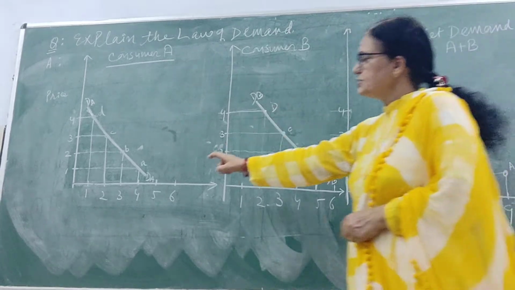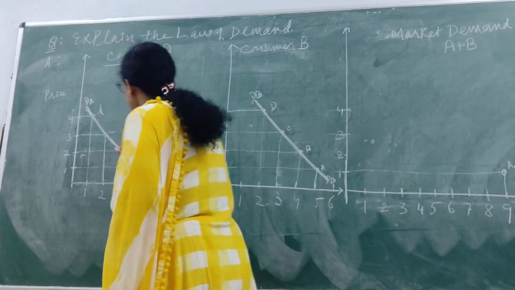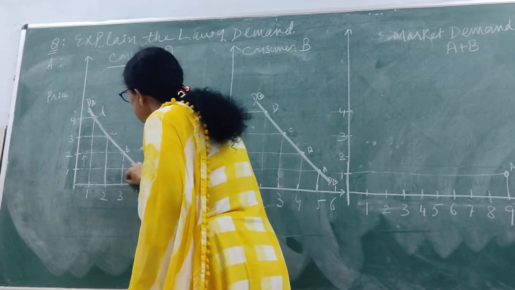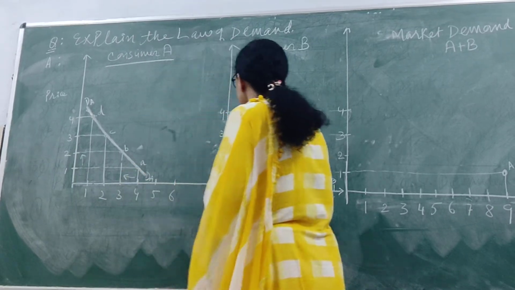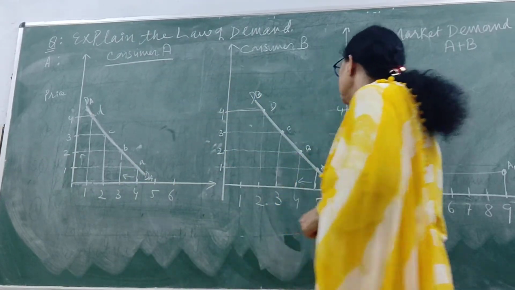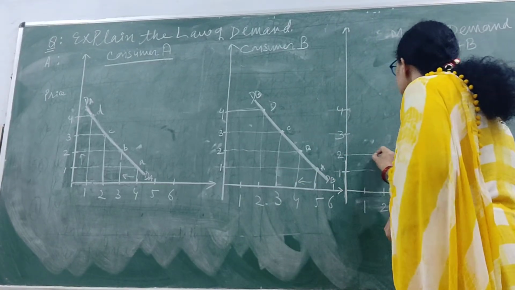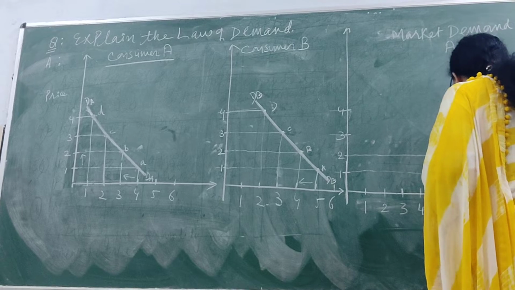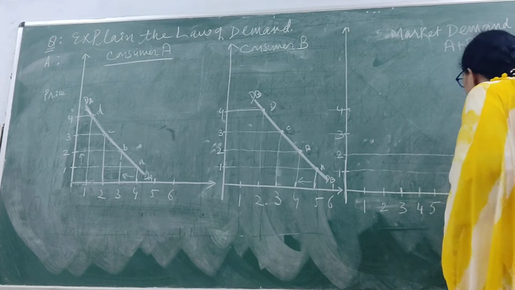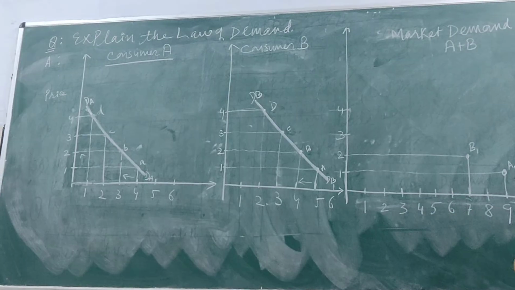Then when the price rises to rupees 2, the demand falls to 3 by consumer A, and the demand of consumer B is 4. So 3 plus 4, now it comes to 7. This is B1. We get point B1.